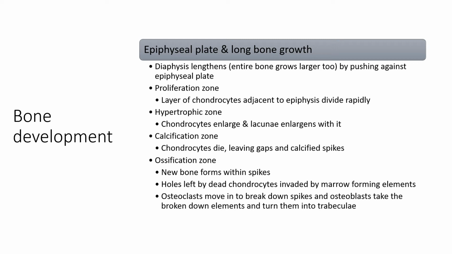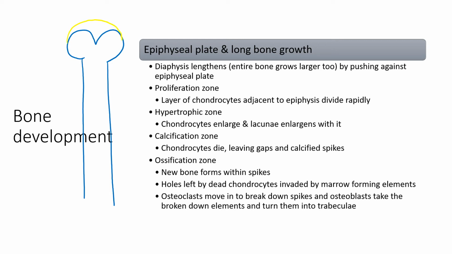So what's happening here is the diaphysis lengthens by pushing against the epiphyseal plate. What does that mean? Here's a cartoony end of a bone. I'll just draw one end right there. You've got periosteum around the whole thing. You've got some articular cartilage up top to keep that bone from rubbing on other bones.